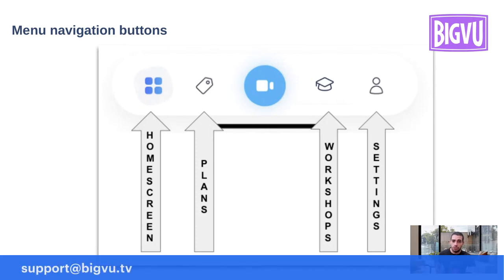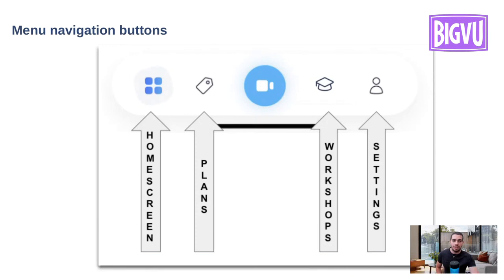So please get in touch with our support at bigview.tv. We'll investigate what is happening. And today I'm going to show you how to do this from the app. Okay, great. Okay, you also have an audio sync issue. So, okay, please get in touch with our support. We're going to investigate what is causing this.